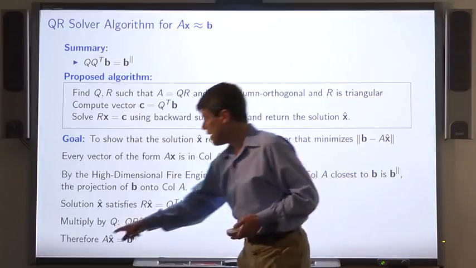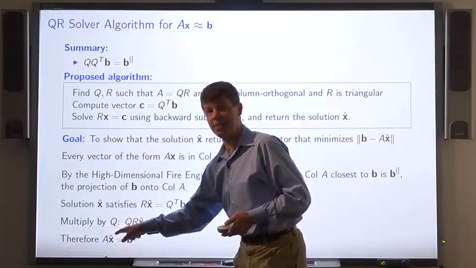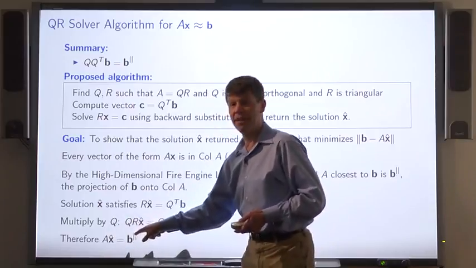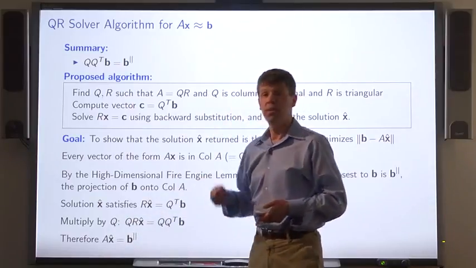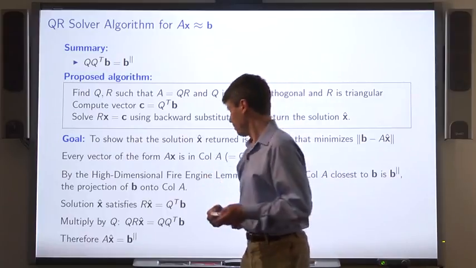So we find that this particular x hat satisfies that A times x hat is B parallel, which is the vector that's closest to B in the span of the columns of A.